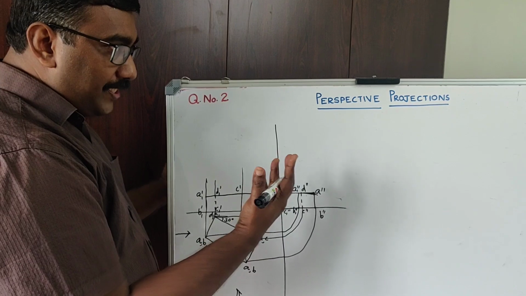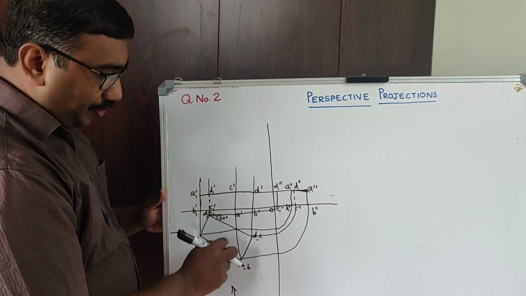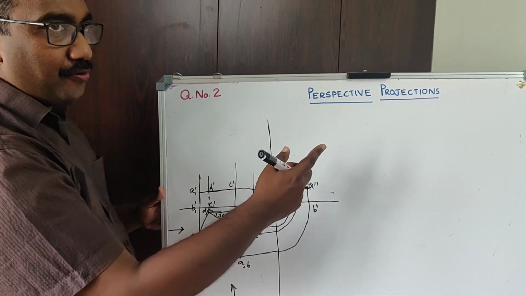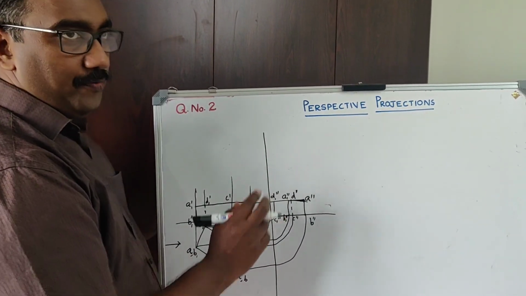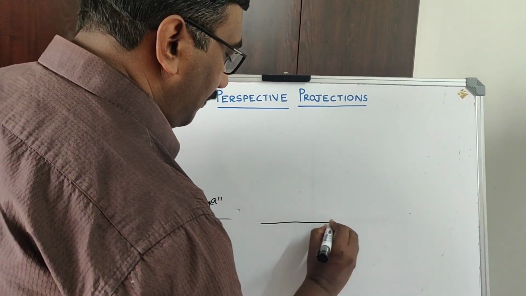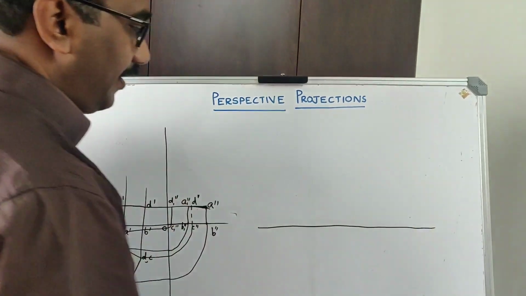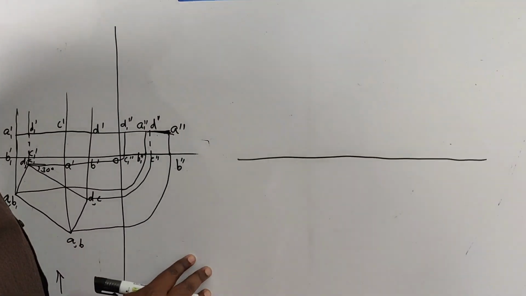When we are going to the perspective projection, you have to copy the top view and the side view. Based on that, you have to draw the final perspective view. Okay, this line corresponds to the ground line. Here we were calling it XY, but here it is the ground line.